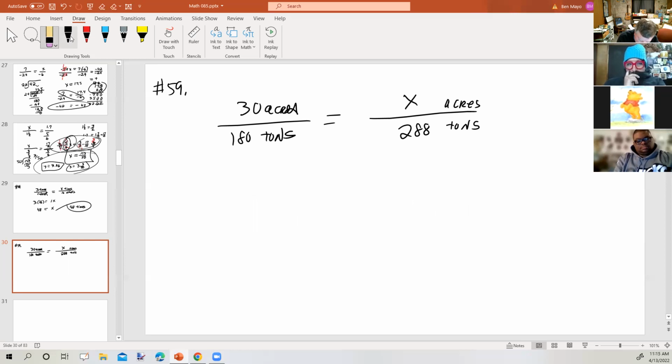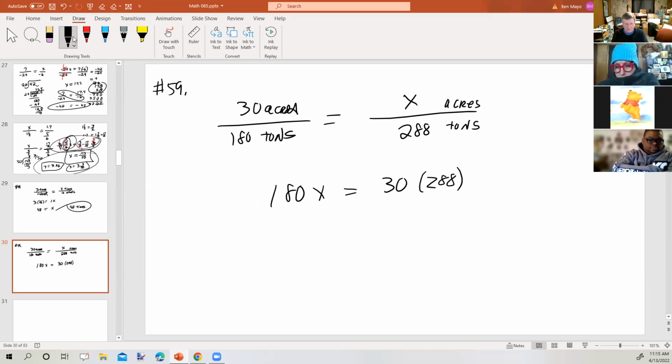So now let's set the cross products equal. 180x equals 30 times 288. Our coefficient is a whole number, so I'm going to divide both sides by that whole number.